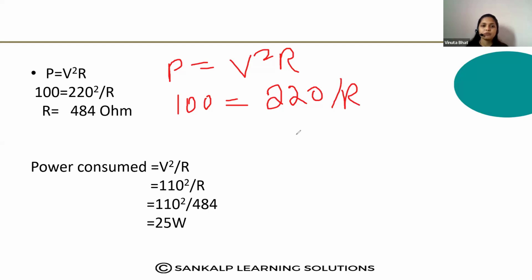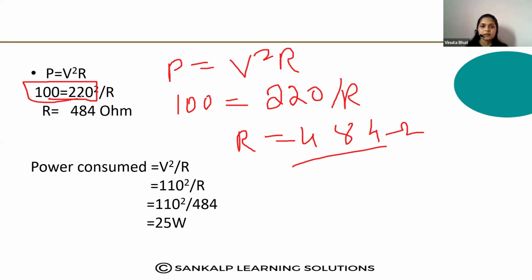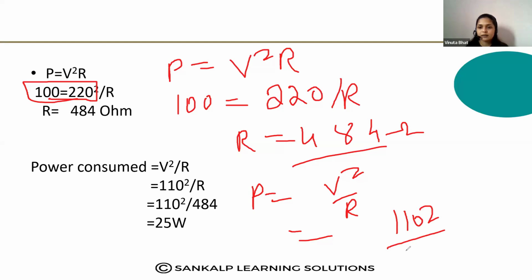We don't know the value of R, so find out R. When you solve 220 square divided by 100, you will get 484 ohm. Then for the power consumed, you have to find the P value. You can use the formula P is equal to V square by R. V square is 110 square, divided by R, which is already known, 484.